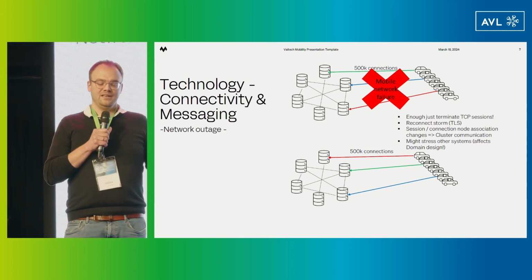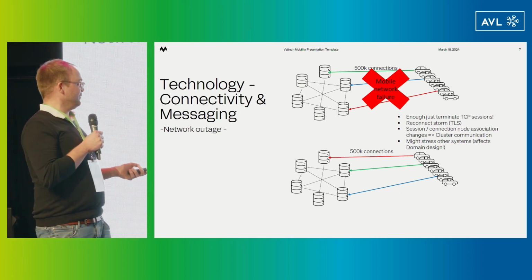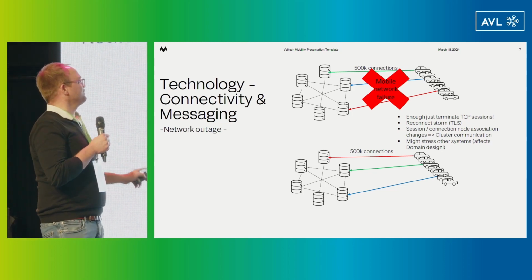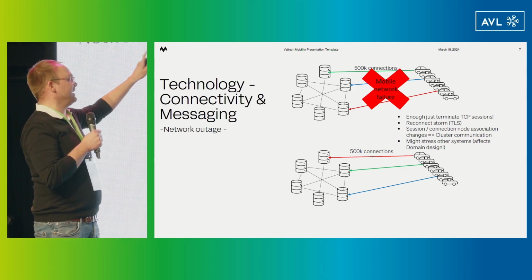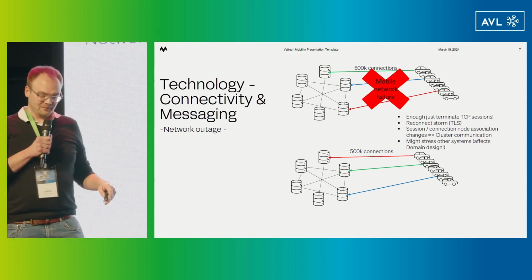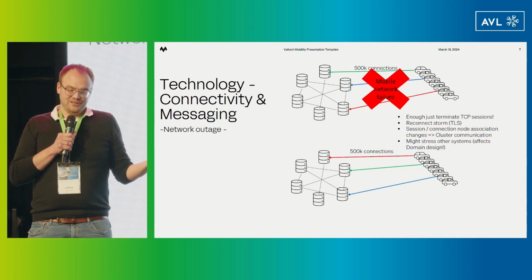If you do it in a naive way, or if your protocol doesn't consider it, or you didn't test it, you will have problems. I'm pretty sure you will have problems at a scale of like 500,000 or 1 million connections per node. And an SDV needs a stable messaging system, right?